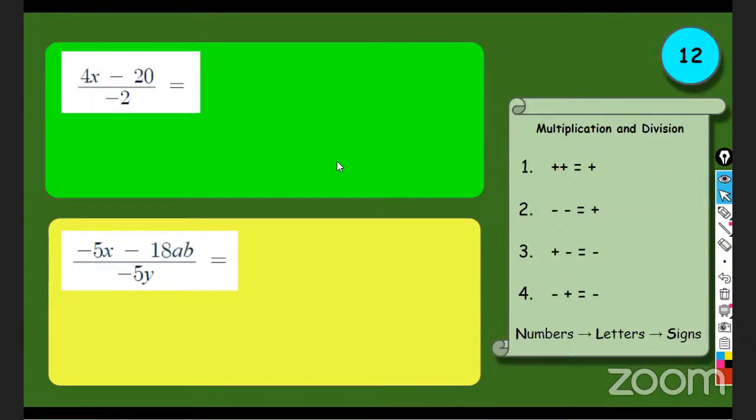Just take 10 seconds, take down only the green question, and I will work it out for you.